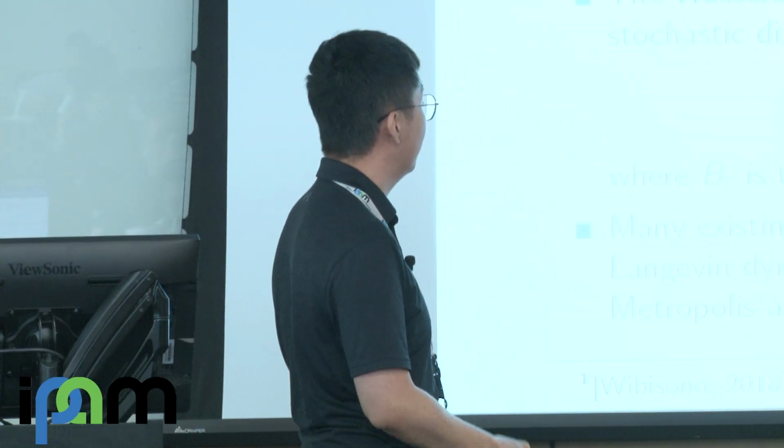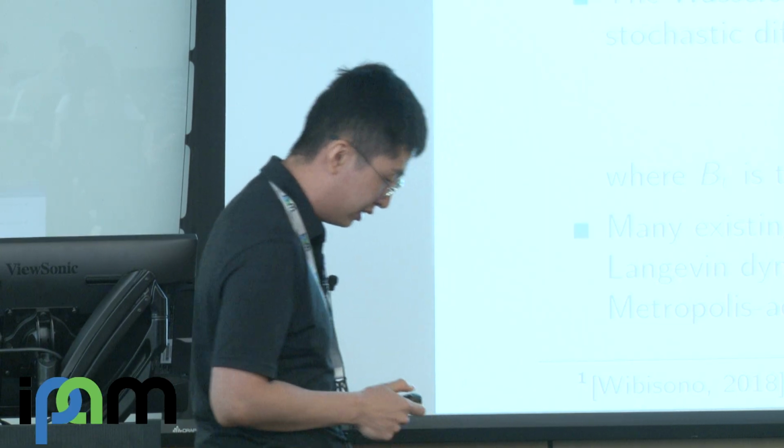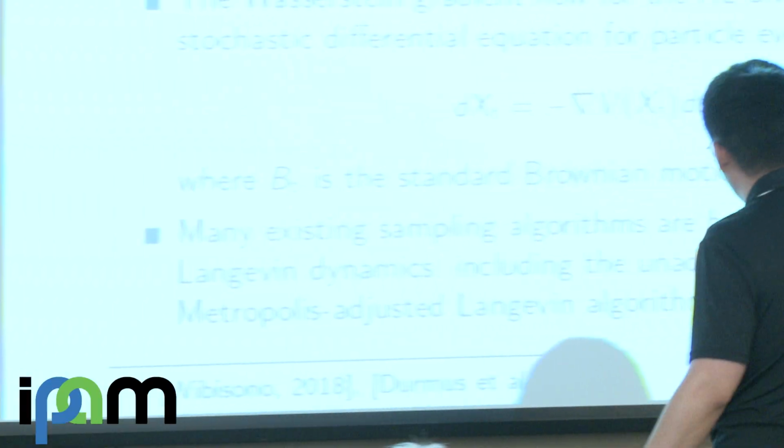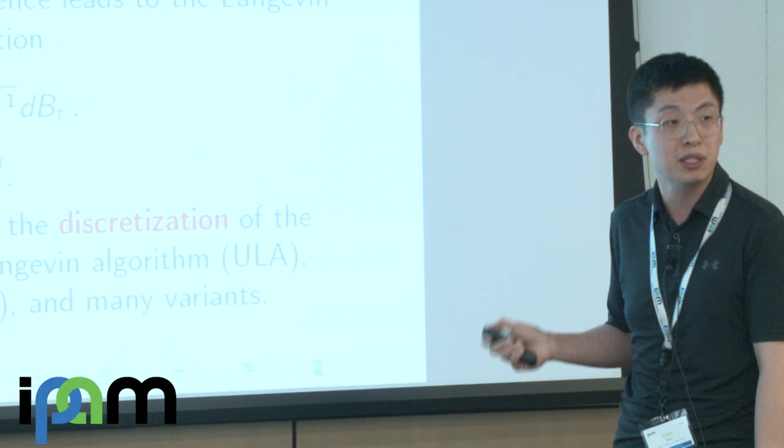Okay? However, there are some issues with discretization based on this Langevin dynamic. The first issue is that, whether it is ULA or MALA, we have a Brownian motion term.